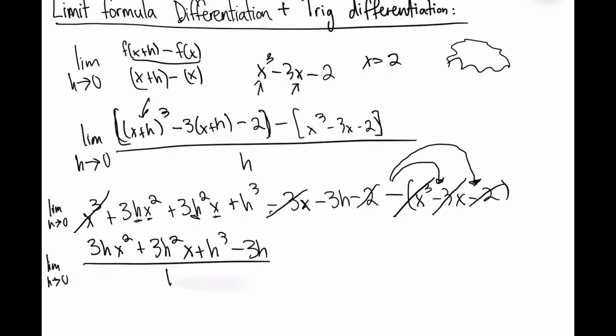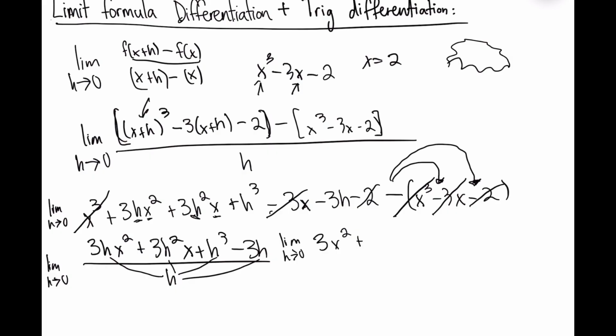And all of this is divided by h. Now, what do you guys see here? What can you do? Well, what I personally see is that we can divide h among all the factors or all the variables. So that will give us 3x squared plus, can't forget the limit function.